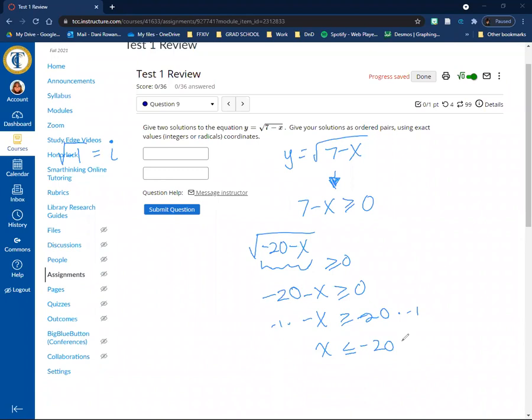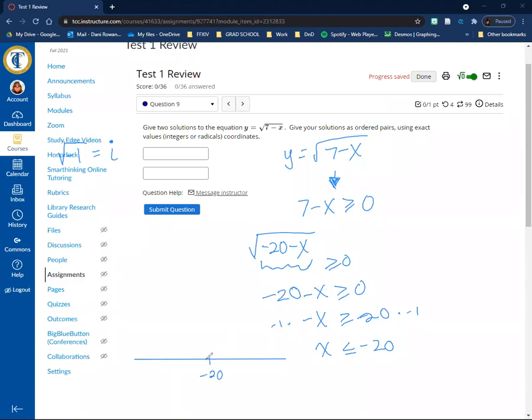So what's that look like on a number line, or rather, interval notation? Where did the x value start? Not sure. All right, that's where you bust out a number line. We'll say that this is -20.